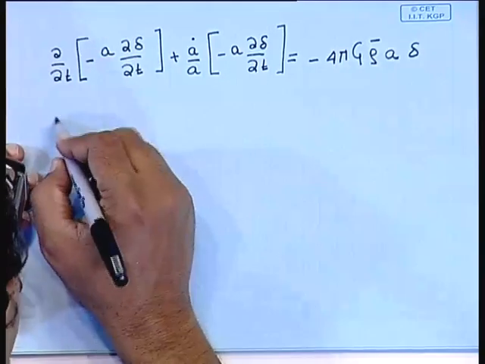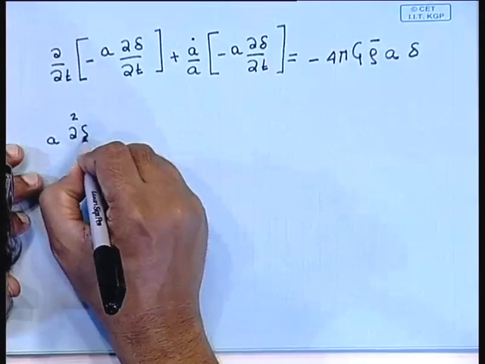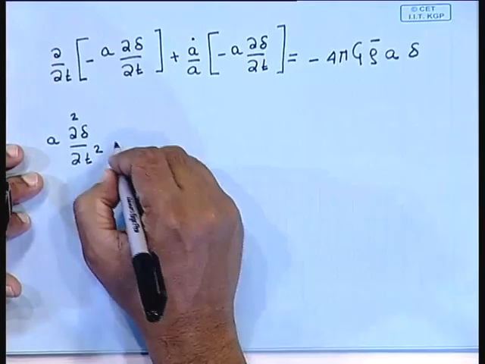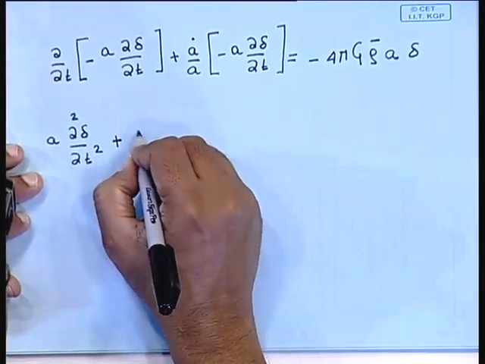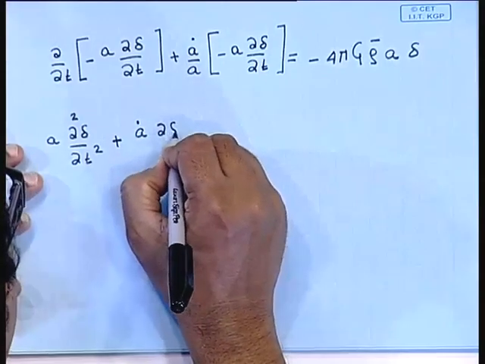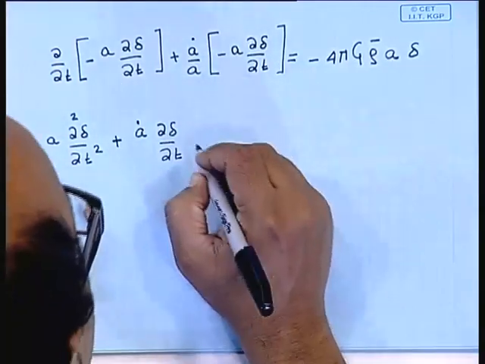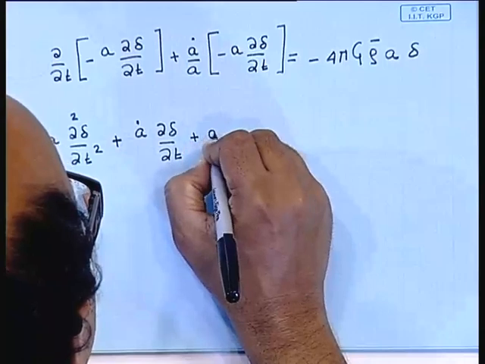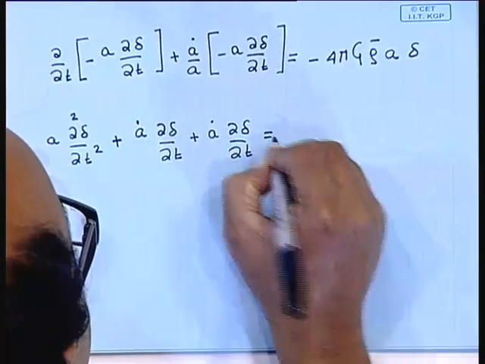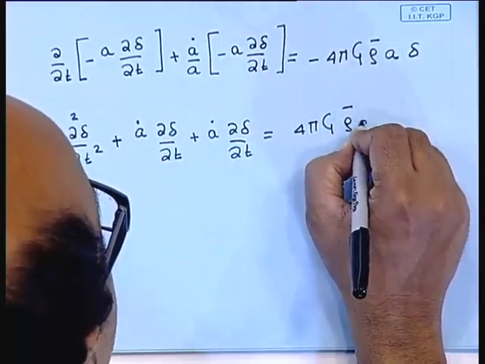Let me write it out. I will have A into del square, then I will have plus A dot into, that is the second term. This will give me plus A dot, same thing as this previous term. This is equal to 4 pi G rho bar A delta.